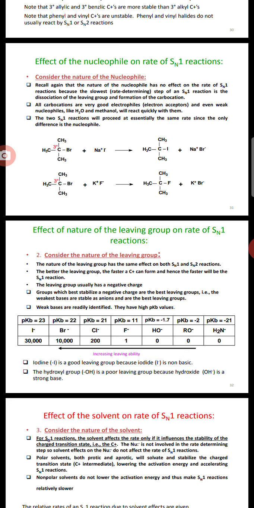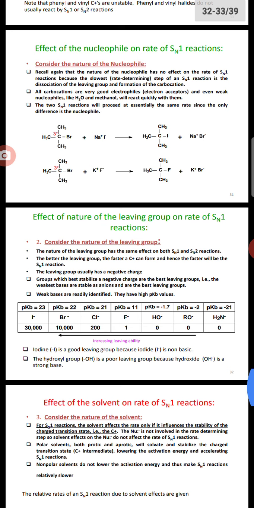For example, iodide is the best leaving group, then bromide, then chloride, then fluoride, and hydroxide, ethoxide and amide are the least.